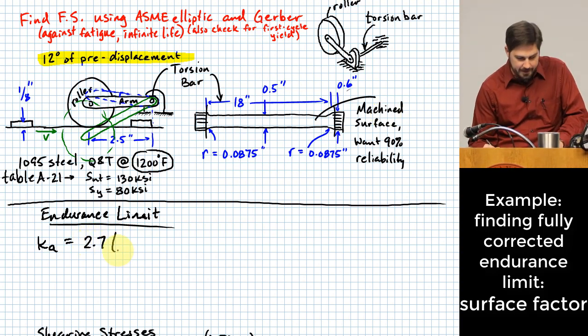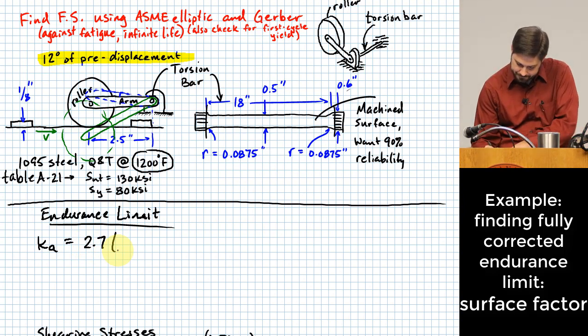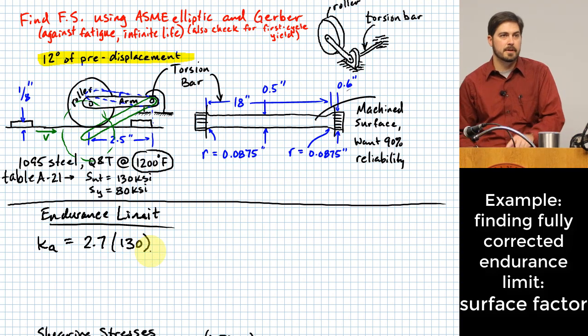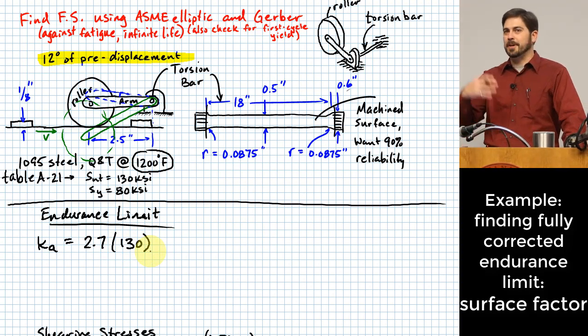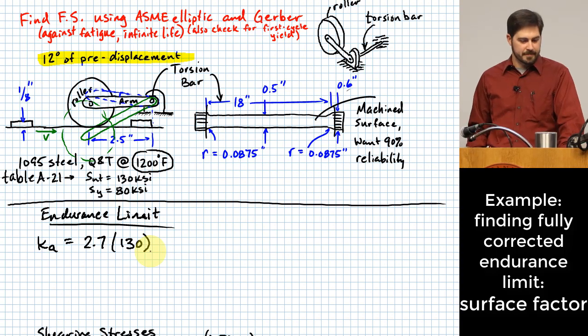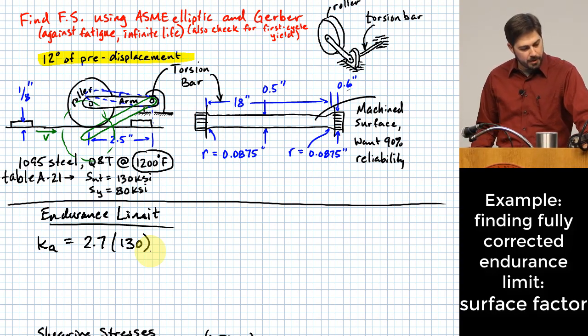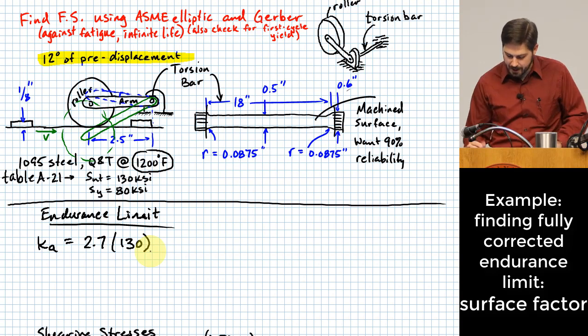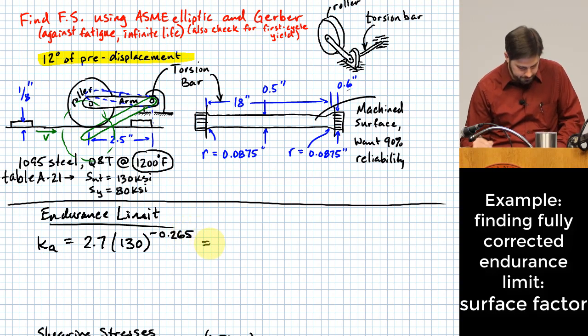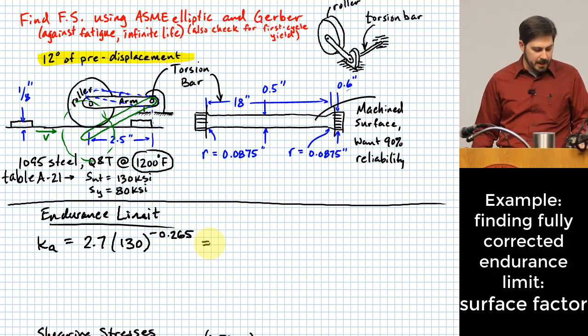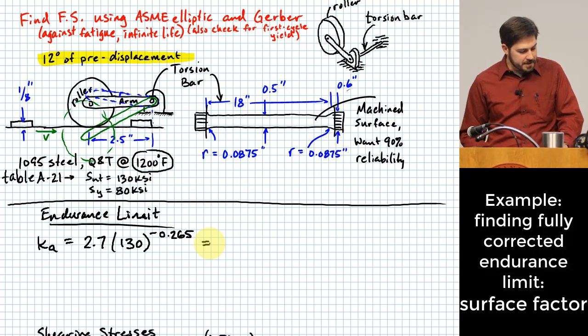We then multiply that by S sub UT, which is 130. Again, we'll strip those units because this is an experimentally based curve-fit equation. And we put in an exponent of negative 0.265. Evaluating that, we get 0.743.